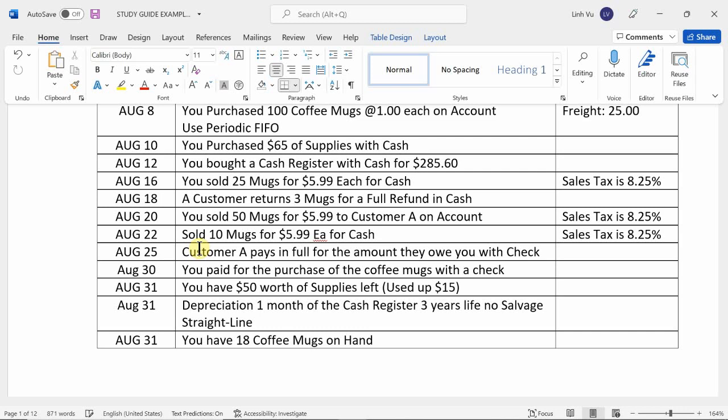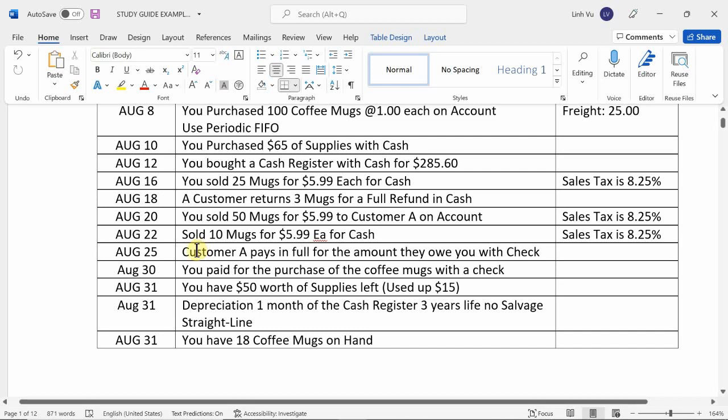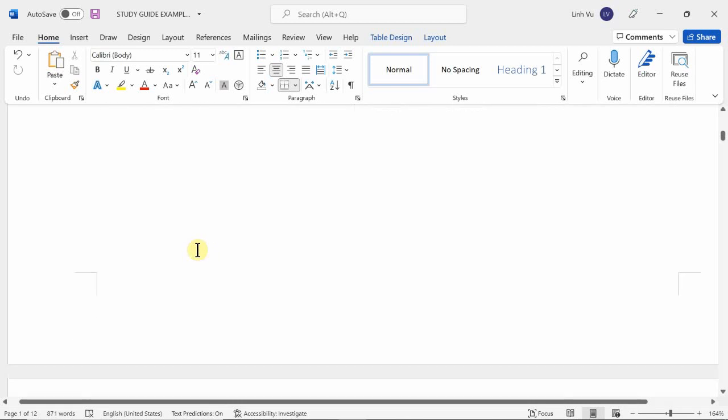So in this case, we had a customer return 3 mugs for a full refund, in cash. So we need to figure out how much money the customer is going to be getting.